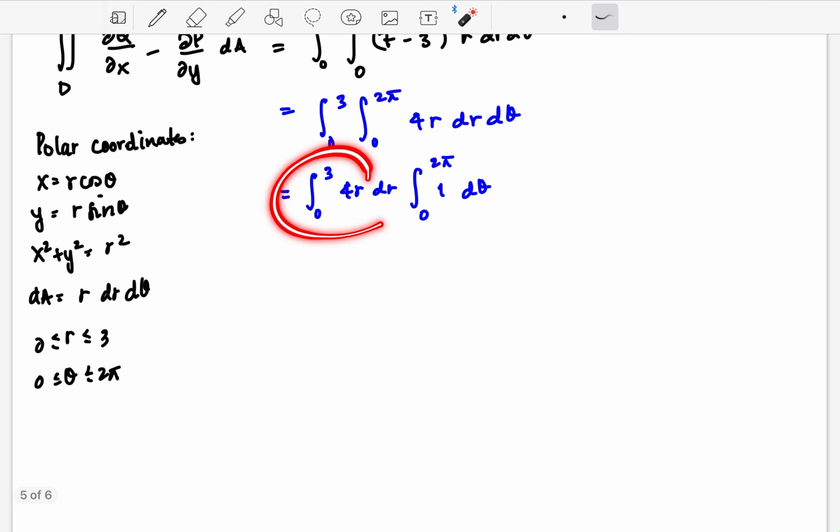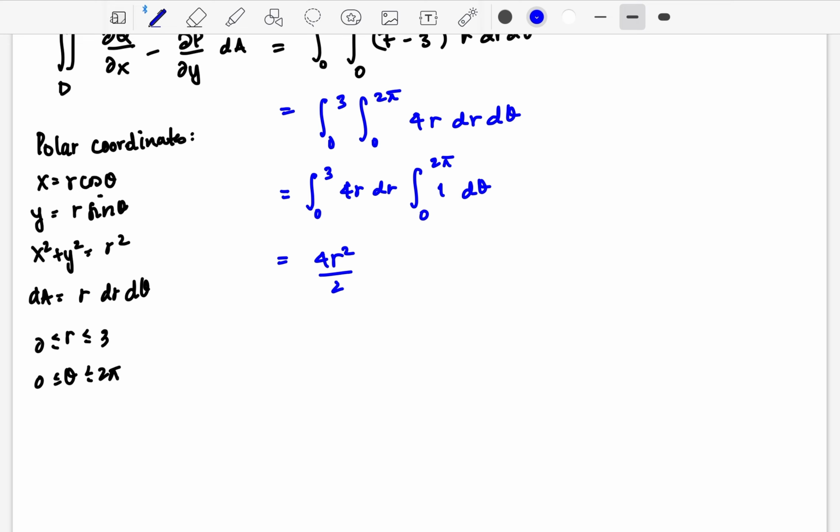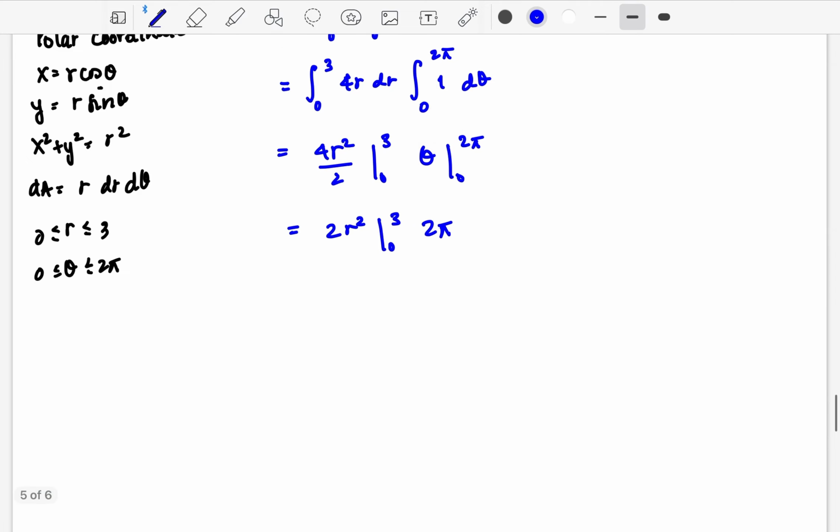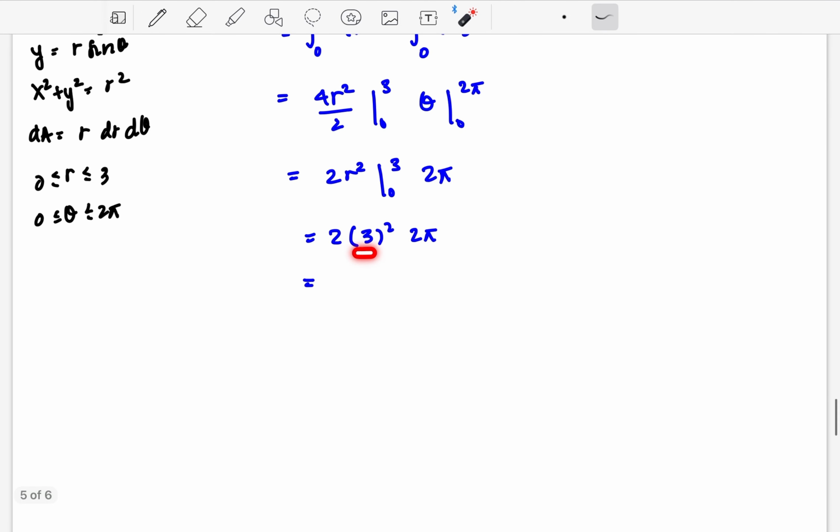When I solve this integral, I get 4r squared divided by 2 from 0 to 3, and then theta from 0 to 2 pi. I'm almost done. This is 2r squared from 0 to 3, and theta evaluated at 2 pi gives 2 pi. So this is 2 times 3 squared minus 0, times 2 pi. My final answer is 9 times 2, 18 times 2, 36 pi.